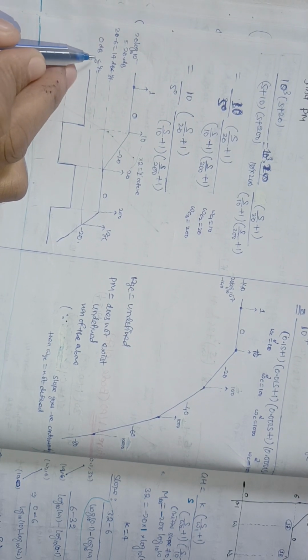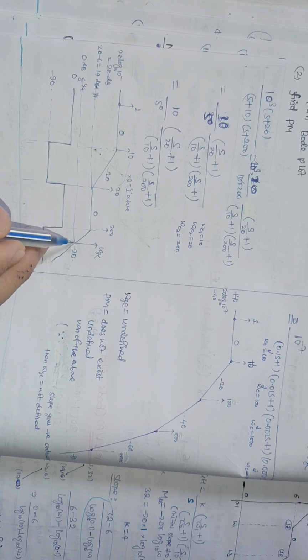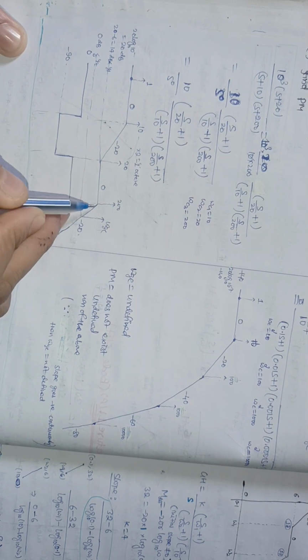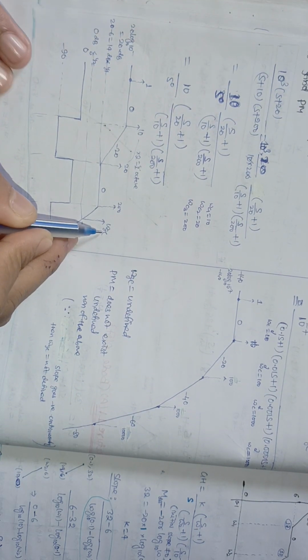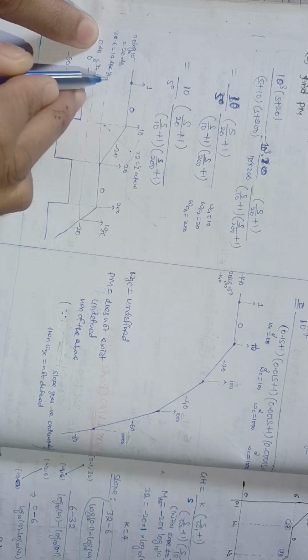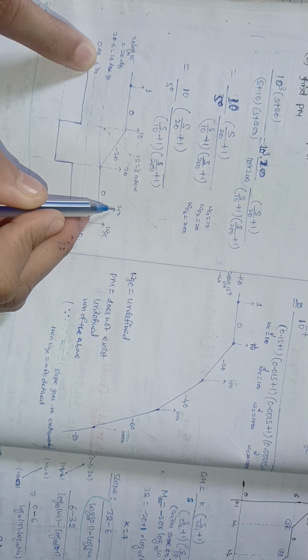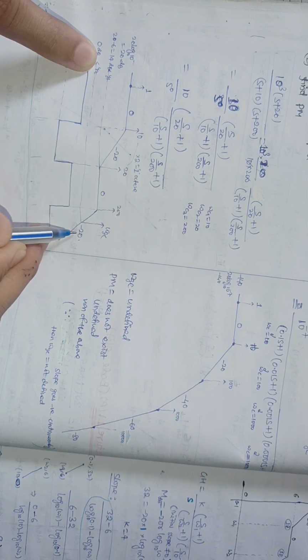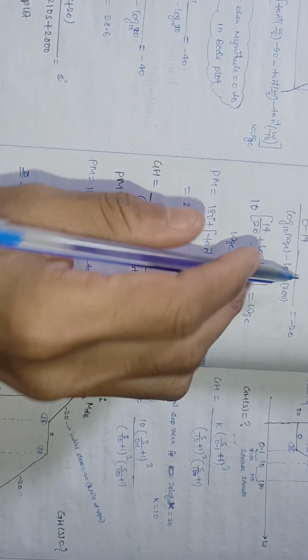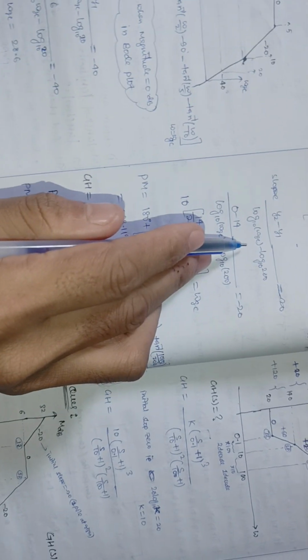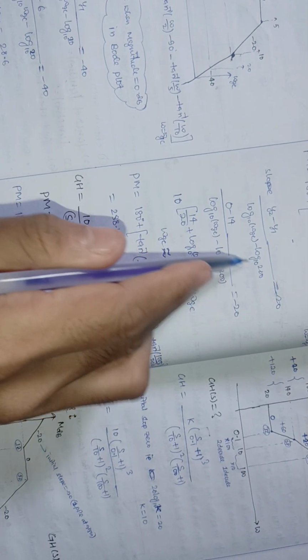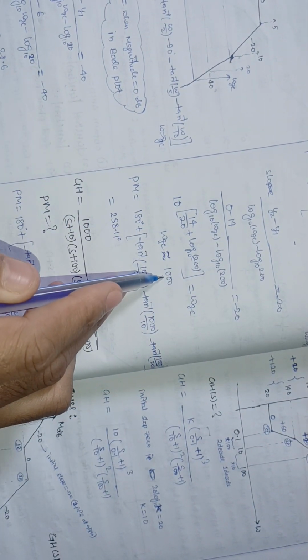Here somewhere is 0 dB. So y2, which means 0 dB, minus y1 divided by log omega c minus log omega 100, equals the slope, minus 20 dB. By calculating we can find omega gc.